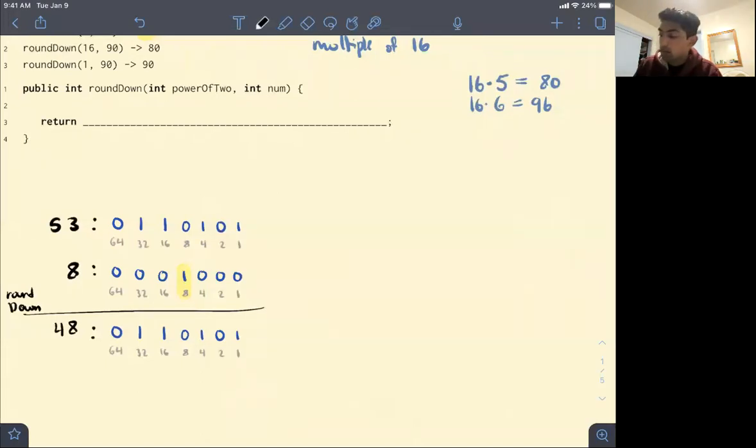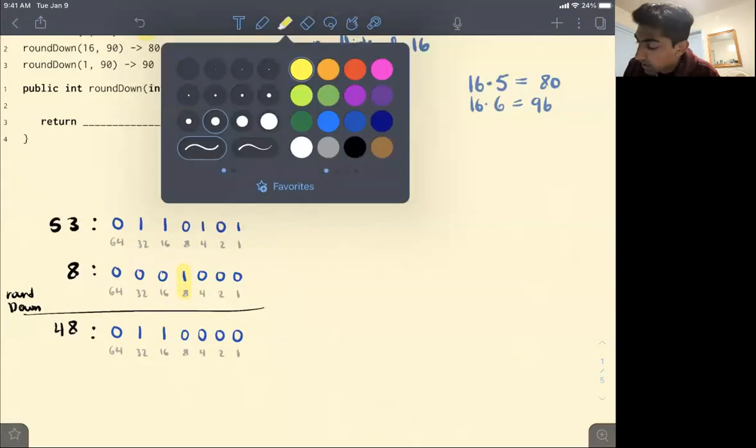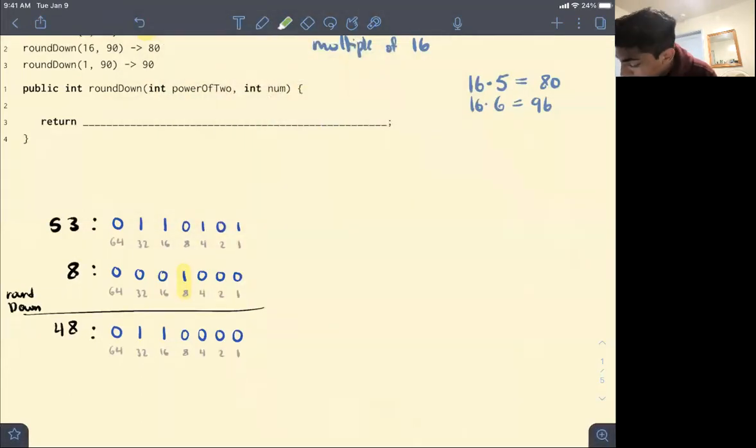If we're looking at the round down operation, the only way that 48 differs from 53 is that these two bits are zeroed out, right? So I think it's important to highlight that these are the only bits that differ between 53 and 48, right?